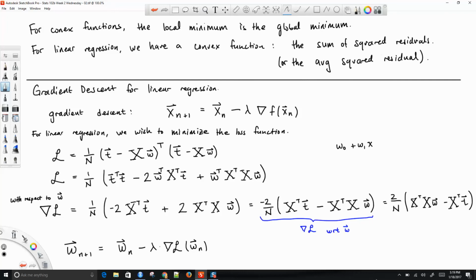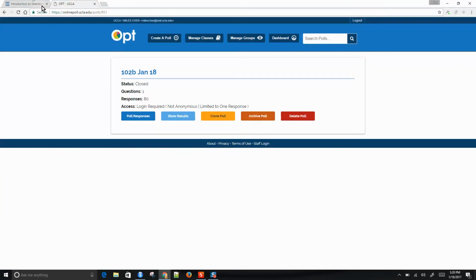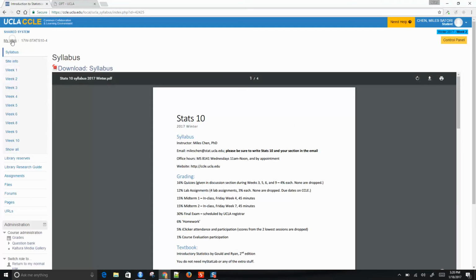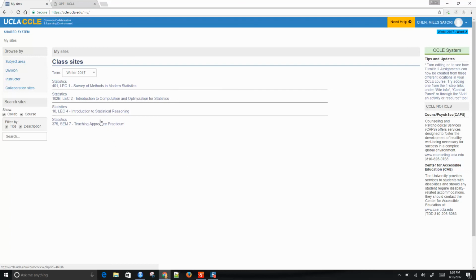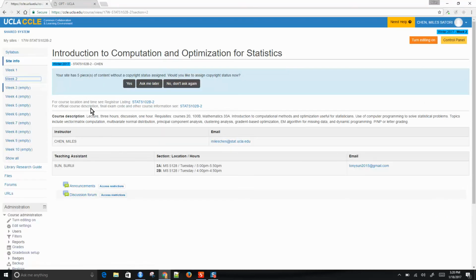Okay, so here we have this, and we can program this in R, okay? So we're going to implement gradient descent in R using this as our guideline. I've posted the code for that on CCLE, this is Stats 10, under vectorized, I think. There's two versions of the gradient descent. One is using partials, and I'll show you that.